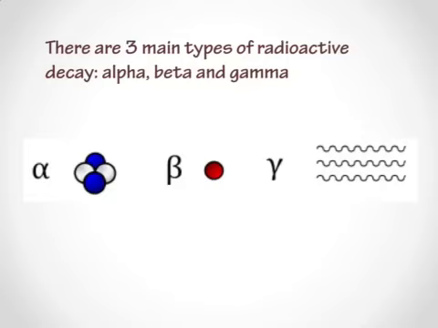Notice alpha is a particle, not radiation. Beta is also a particle, not radiation. Only gamma is true radiation. And also, alpha has 2 protons and 2 neutrons. Beta is simply an electron.